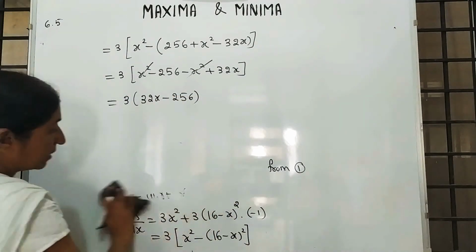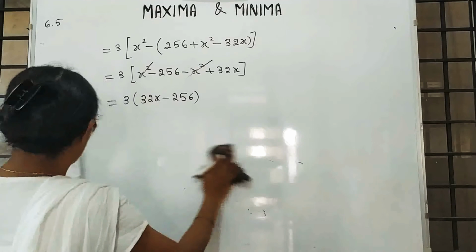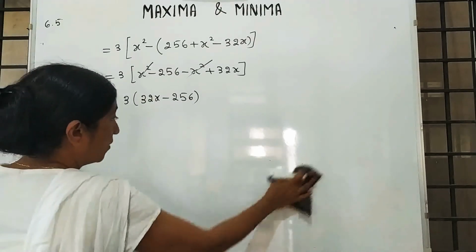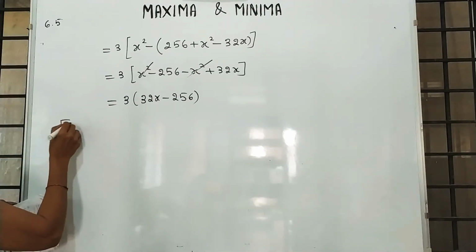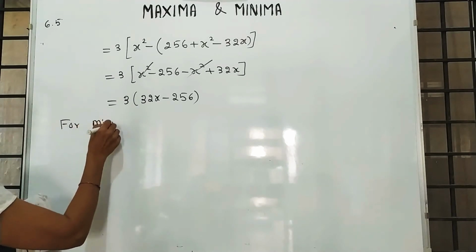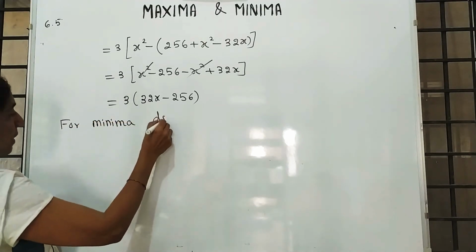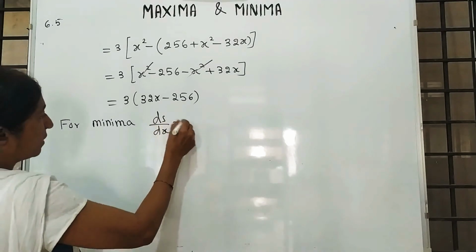Now for maxima or minima, here it is given that the sum is minimum. For maxima or minima, whatever it is, first derivative we equate with 0.